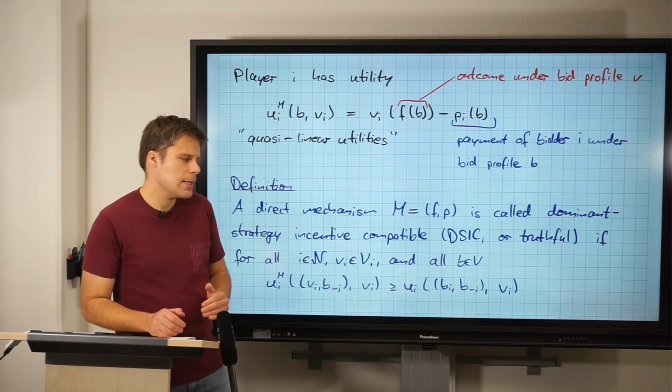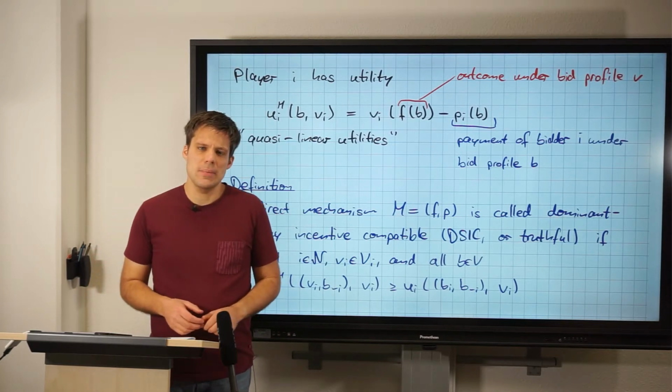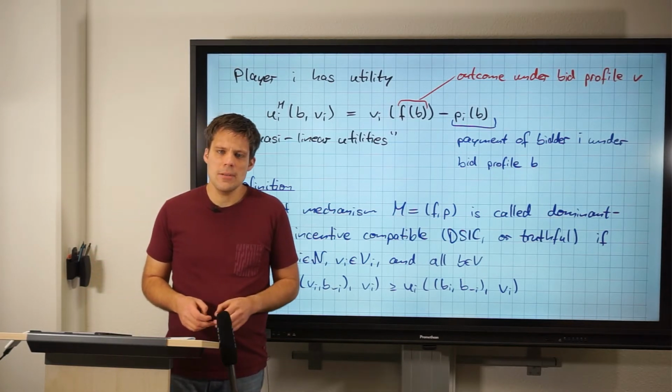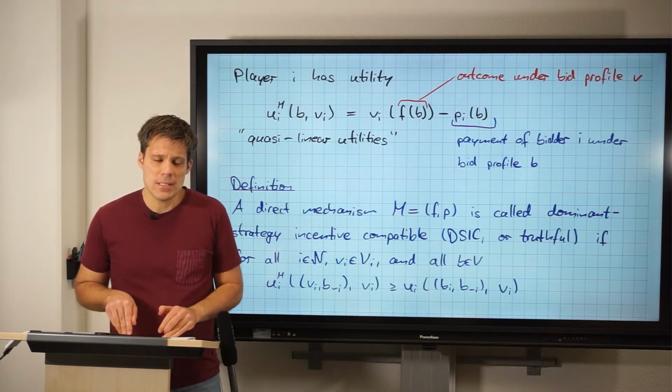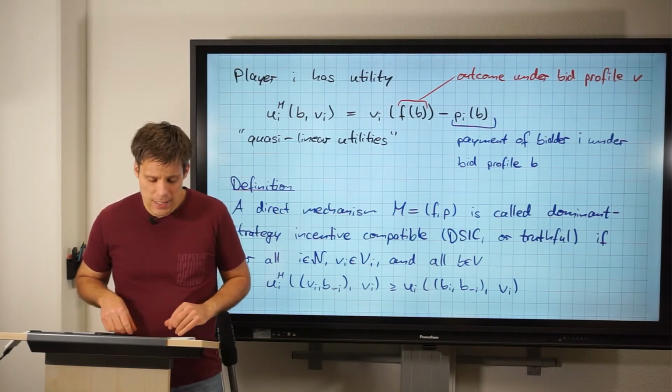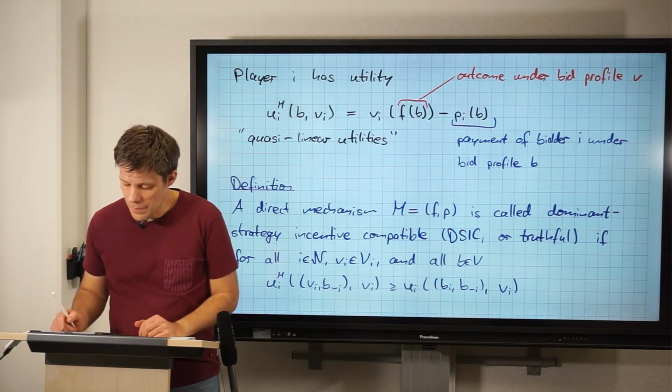Today we'll get a deeper understanding of what this actually means, and we'll do this for a special case of mechanism design problems, namely single parameter problems. What are these?